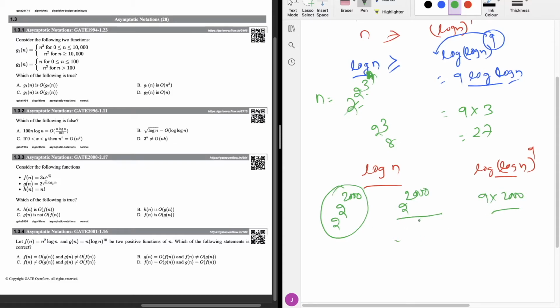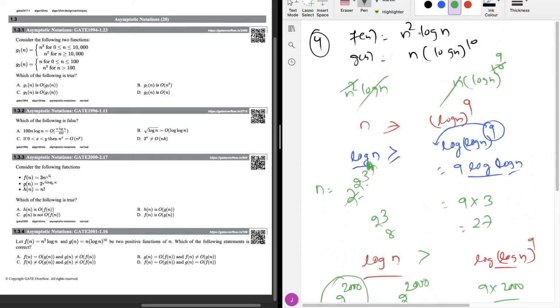So 2 power 2000 is a very big number, you can guess, like 2 power 10 is 1024 and 2 power 2000 is huge, but this one is like 18,000. So this proves that n will be greater than (log n) power 9. That means from here we derived n, and from here we derived log of (log n) power 9. So this one should be greater than this one.